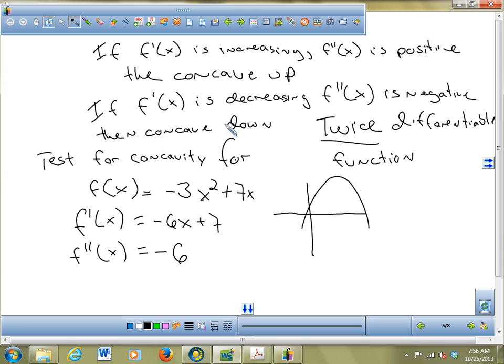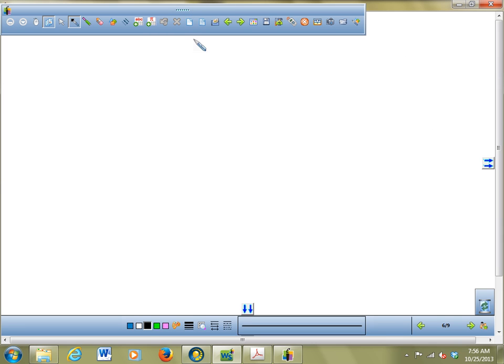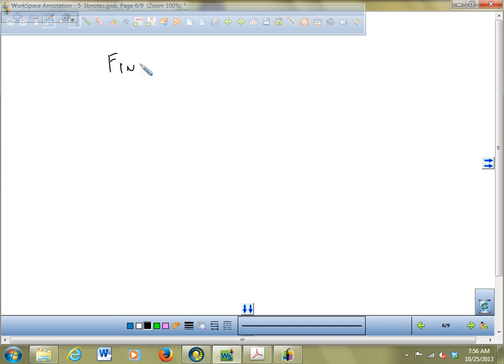So then we have more complicated functions like find where y equals 3 plus sine of x changes concavity, or find the concavity.